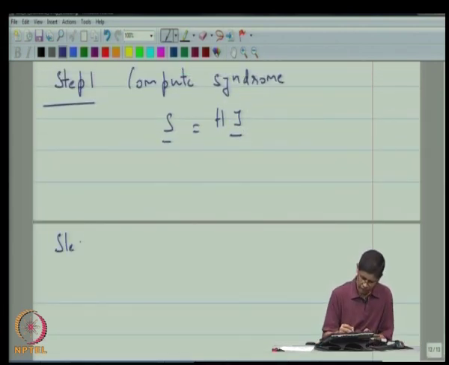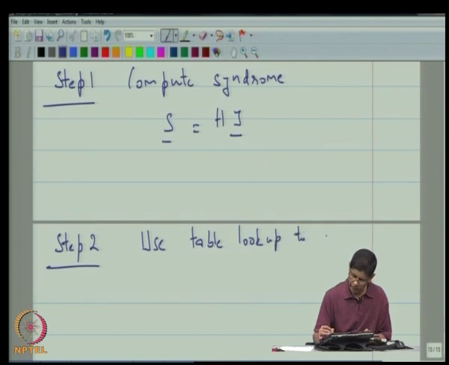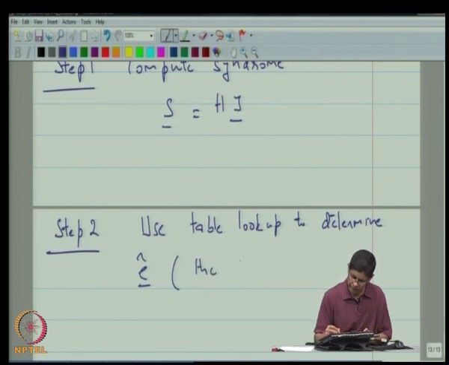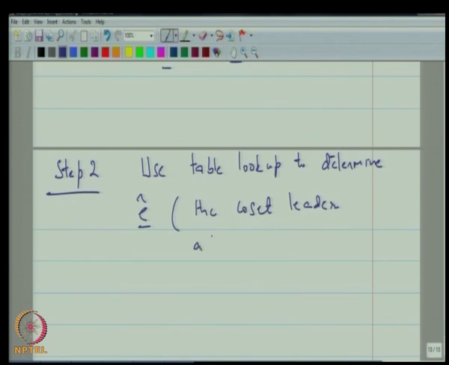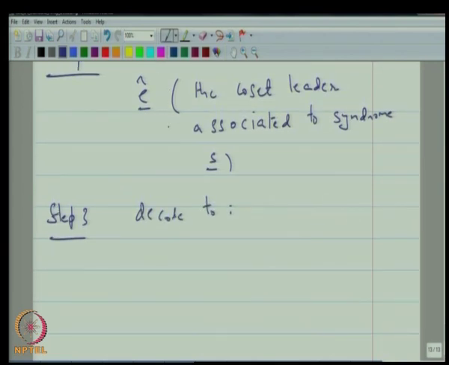Step 2, use table lookup to determine E hat, which is the coset leader, associated to syndrome S. And step 3, decode to the vector C hat, which is given by y plus E hat, and you are done.